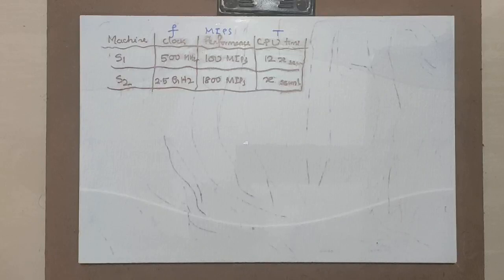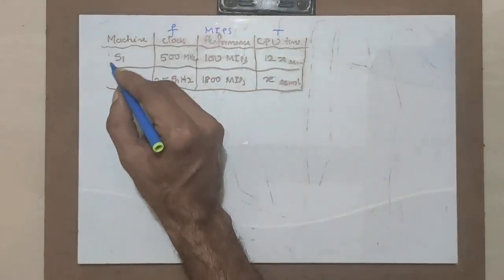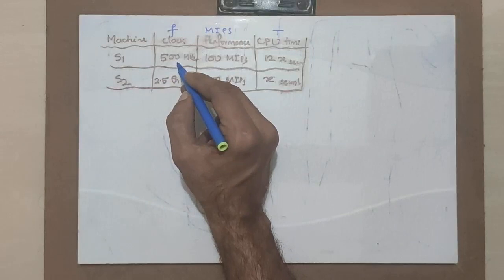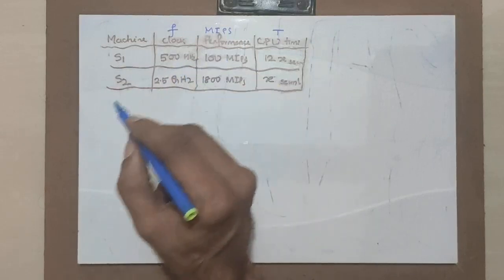Let us take a simple example so as to understand the different terminologies like MIPS rate, CPU time, clock frequency, instructions count, and cycles per instruction. All these concepts let us relate with this example. There are two machines given. Machine 1 or S1 is running at a frequency of 500 megahertz and its performance measure is 100 MIPS.